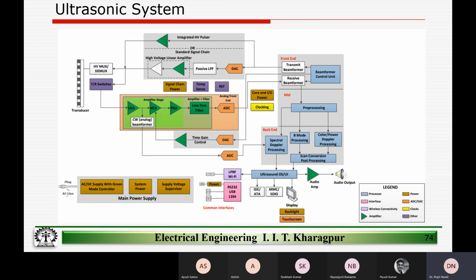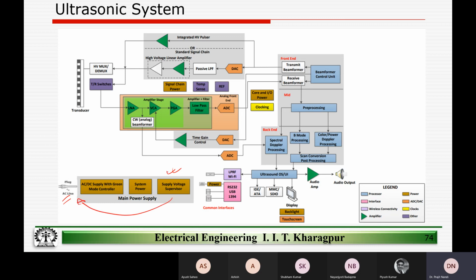So of course you will be plugging it into the power supply, whether 220 volts or, in the US, 110 volts, and the frequency from 50 to 60 hertz or whatever. And then we have an AC to DC supply. And we have a voltage supervisor, which will check what the supply voltage level is.